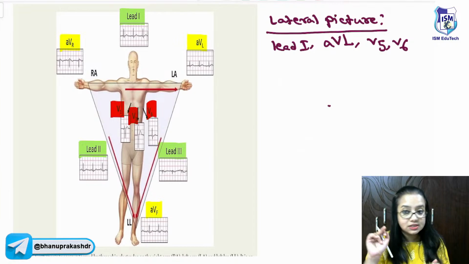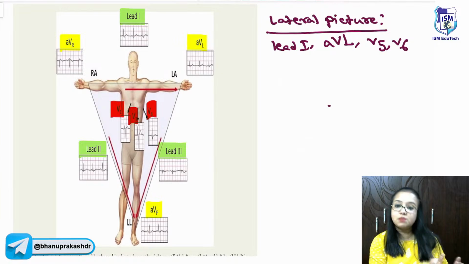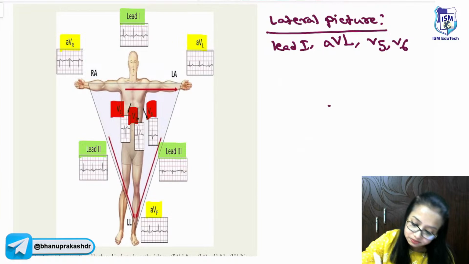If we study the ECG wave from these leads, it will help us understand if there is any problem in the lateral side of the heart.